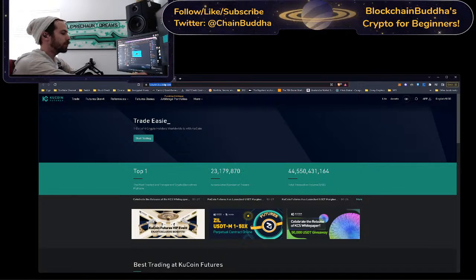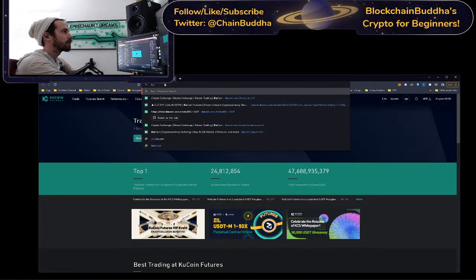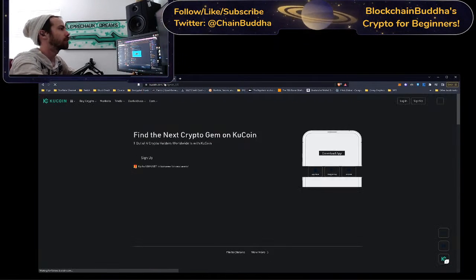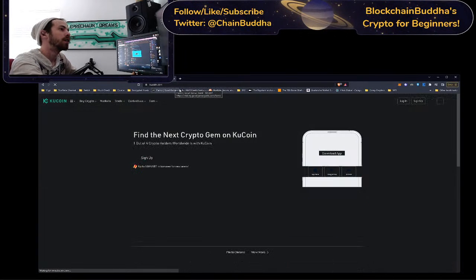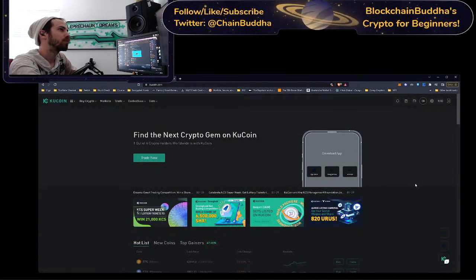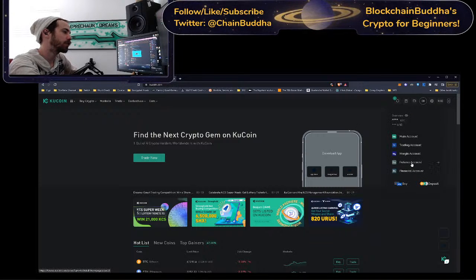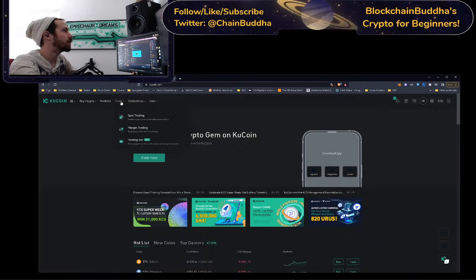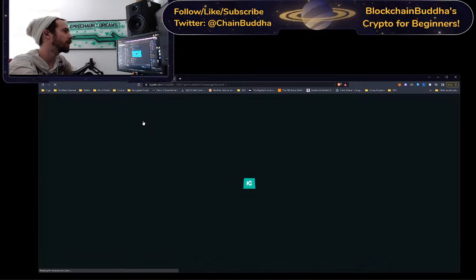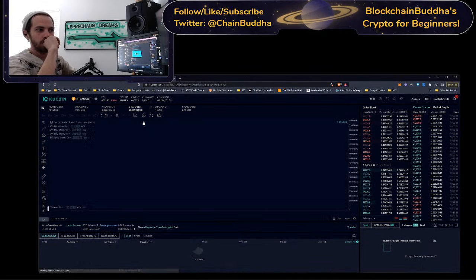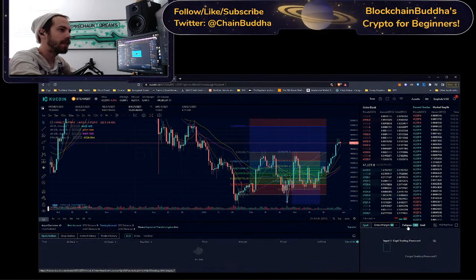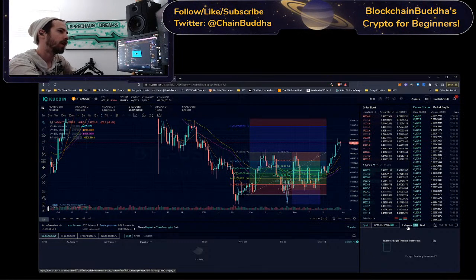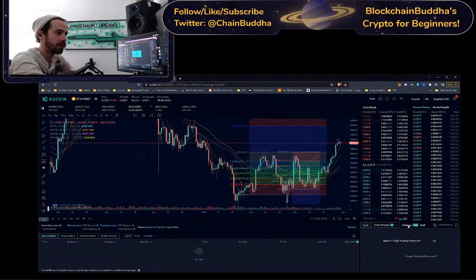If you go to KuCoin, you're brought to the home page, and you'll see I'm already logged in. You can go over here to your wallet and you'll see your futures account is a way to get to the trading, or you can just go into the trade screen, and see down here, above where you would enter your trading password, you'll see futures 100x.